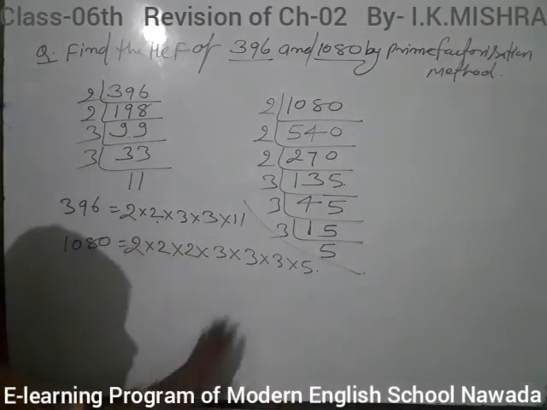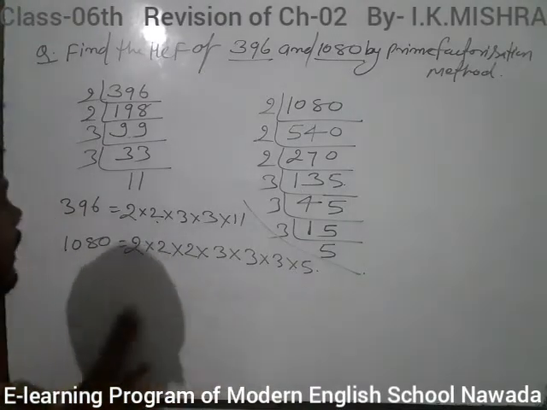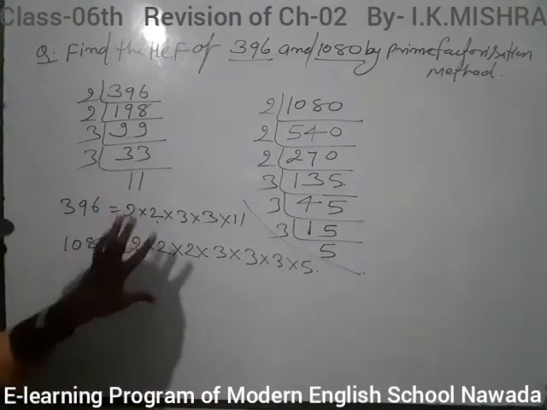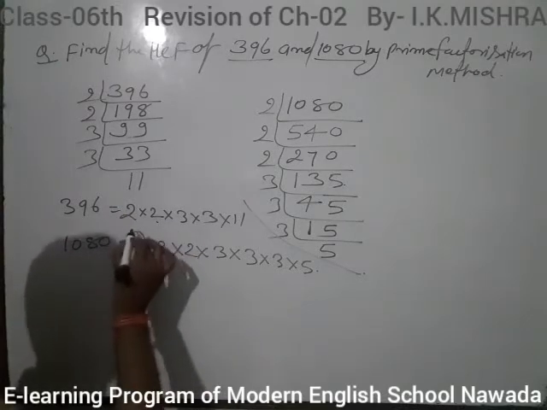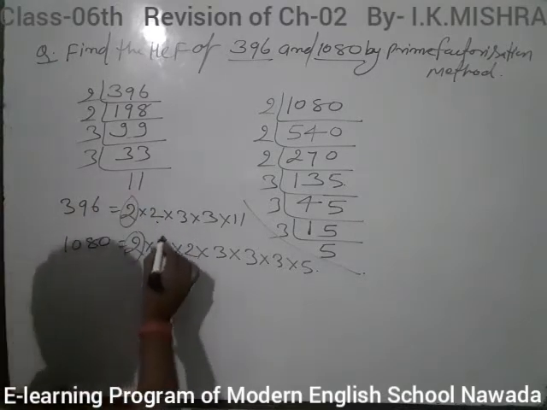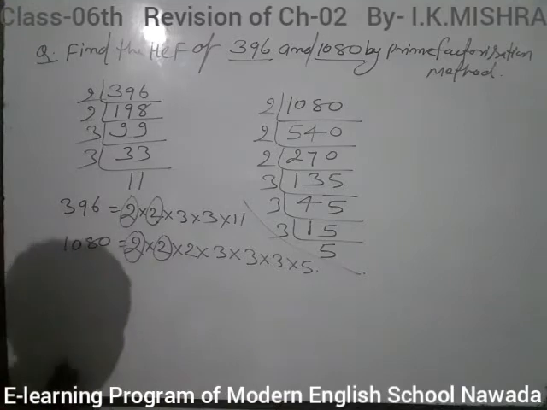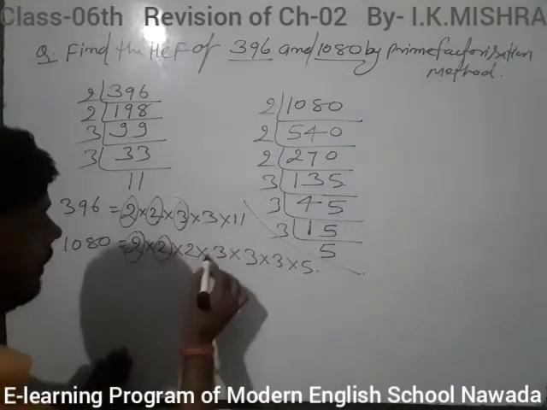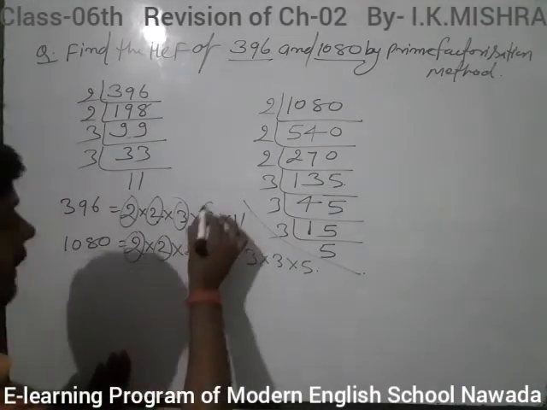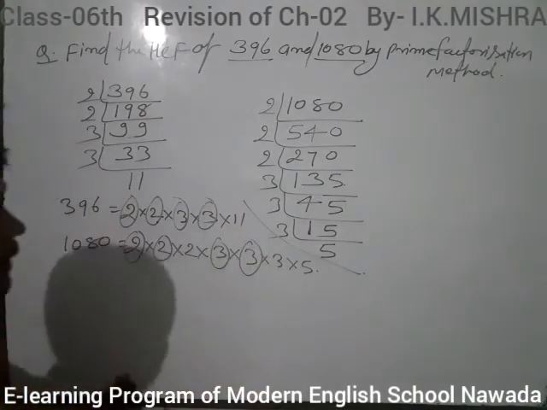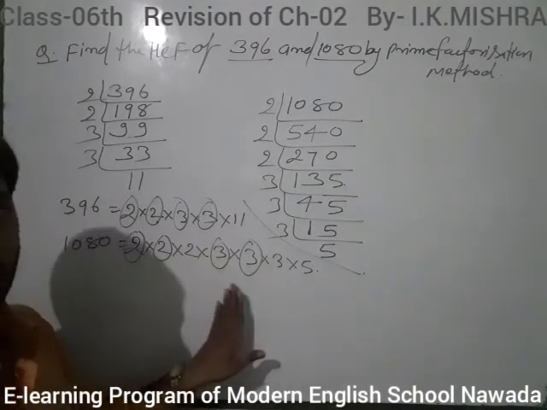So friends, observe which is common in both. Here 2 and 2, again 2 and 2, again 3 and 3, 3 and 3, and after that nothing is common.